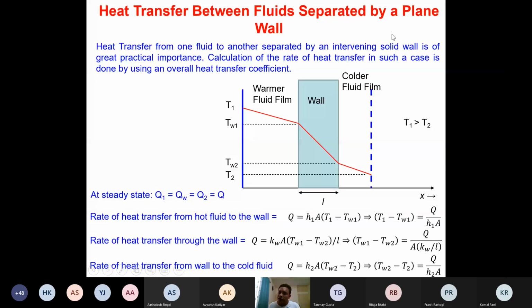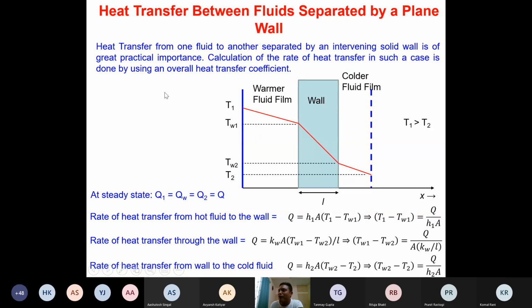So there will be a fluid outside this particular wall as well as inside. The heat transfer from one fluid to another separated by an intervening solid wall is of great practical importance. In fact, most of the heat exchangers involve this type of situation.